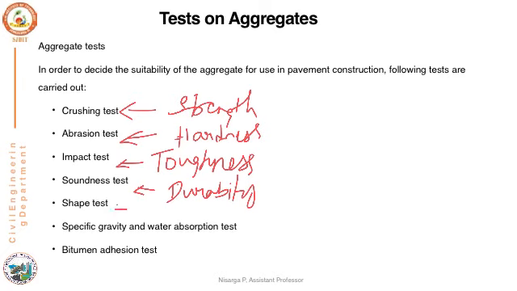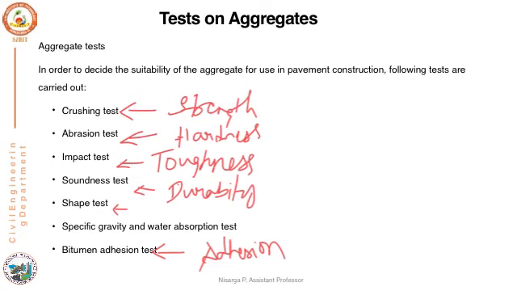Next the shape test, which will determine the shape of the aggregate, and specific gravity and water absorption are other important parameters when we take the aggregates. And the last one is the bitumen adhesion test, which will determine the adhesion property of aggregates with the bitumen.